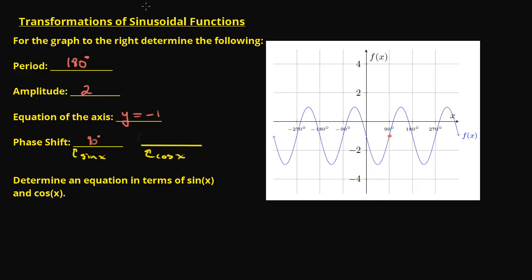For the cosine function, it normally starts here, and it normally starts decreasing. So remember that this point is normally here, and then the function would gradually decrease. Let's say that the origin maps there.